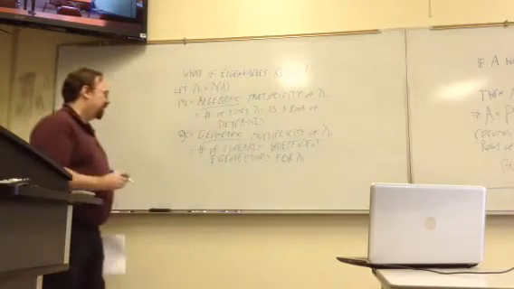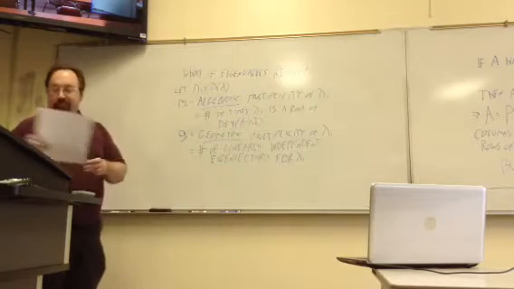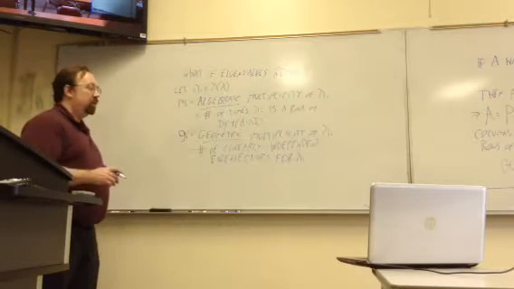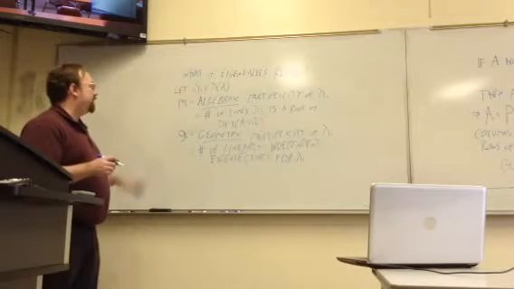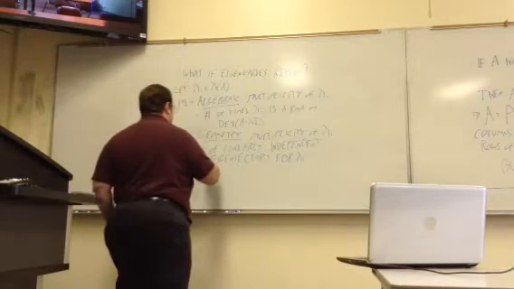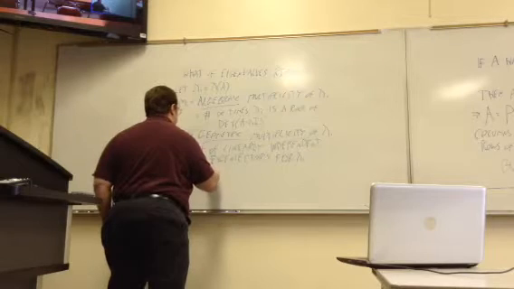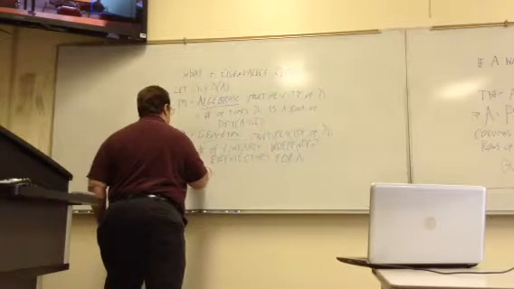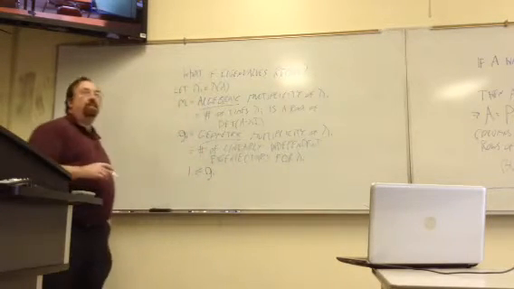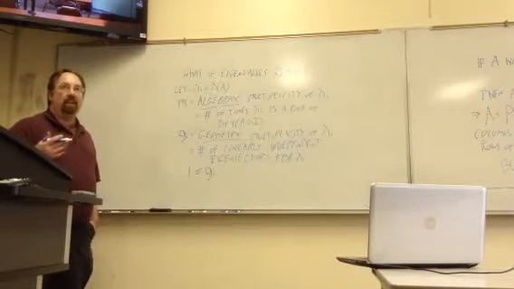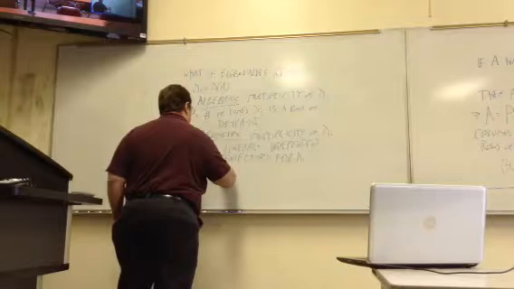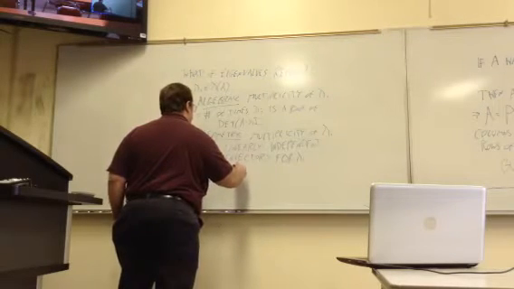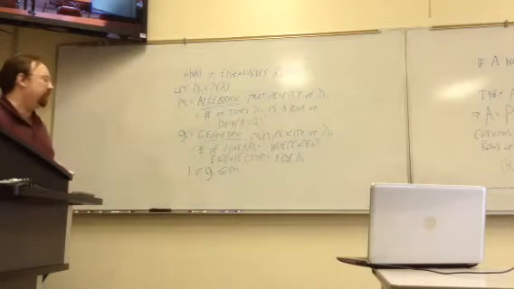Now, some simple relations between the algebraic and geometric multiplicity is that the geometric multiplicity is always greater than or equal to 1, because every eigenvalue has at least one eigenvector that goes with it, and is less than or equal to the algebraic multiplicity.